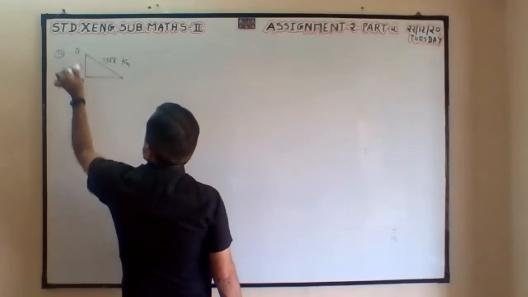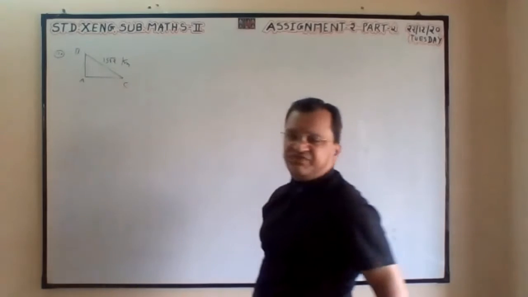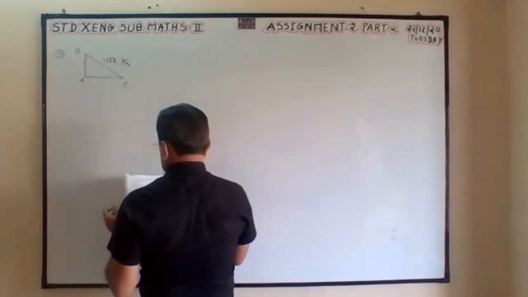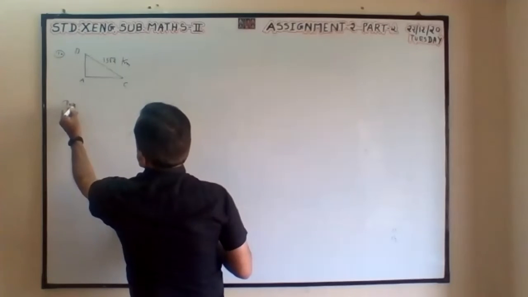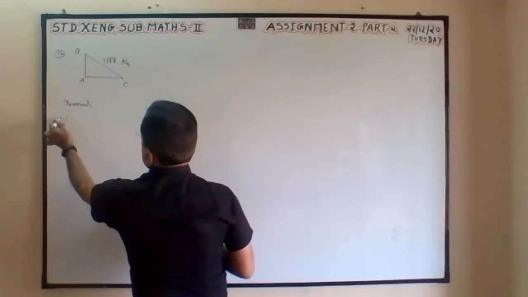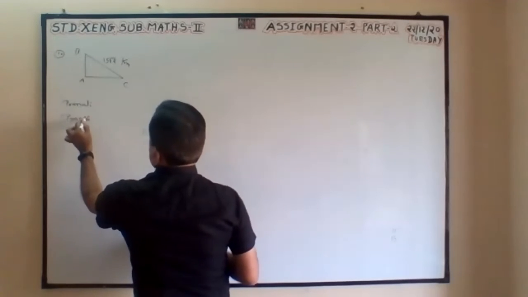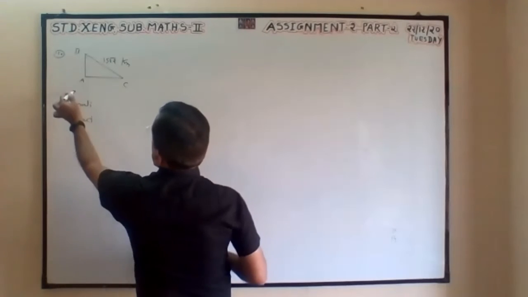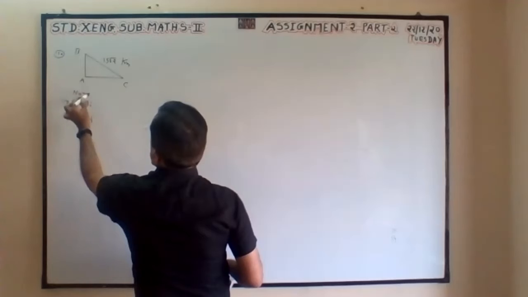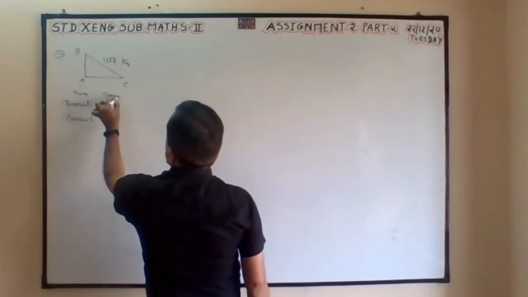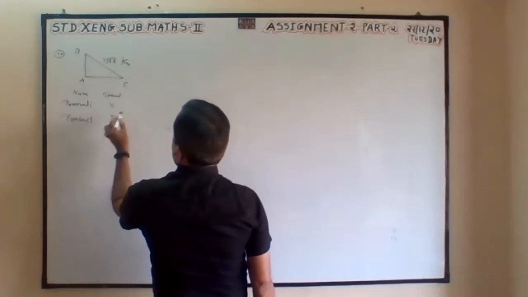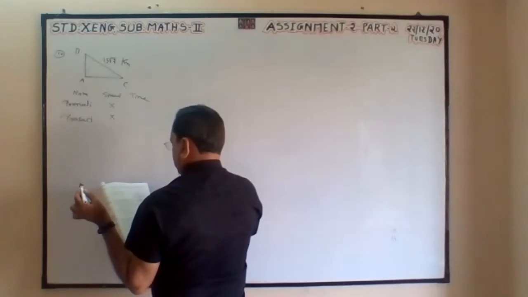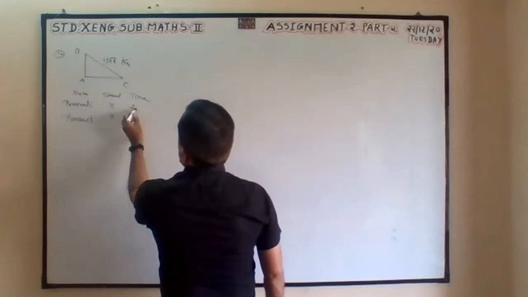From A to B, from A to C, now B to C is 15 root 2, it is giving. Names Pranali and Prasad, speed same, time 2 hours.